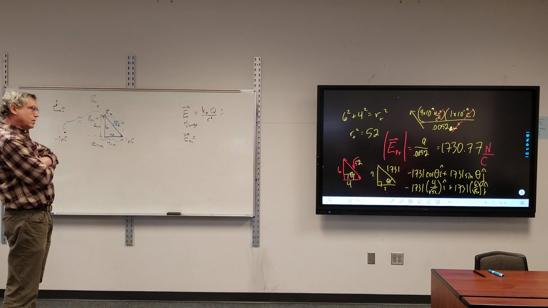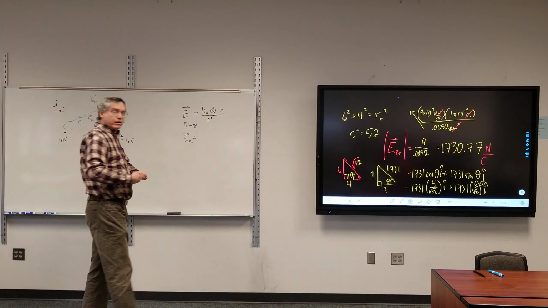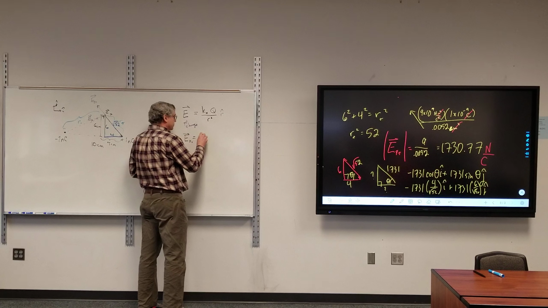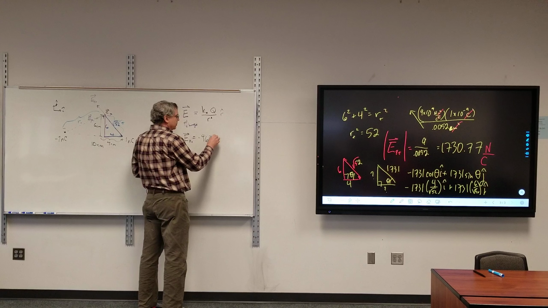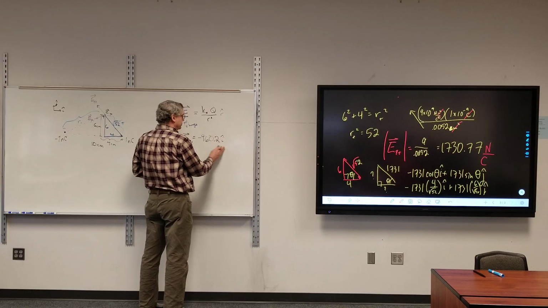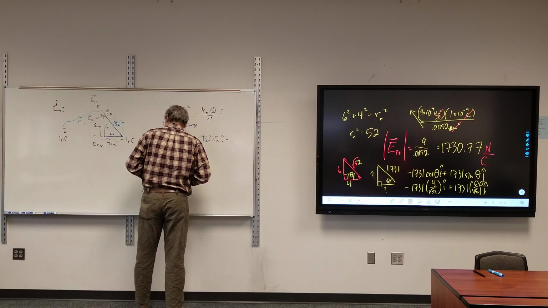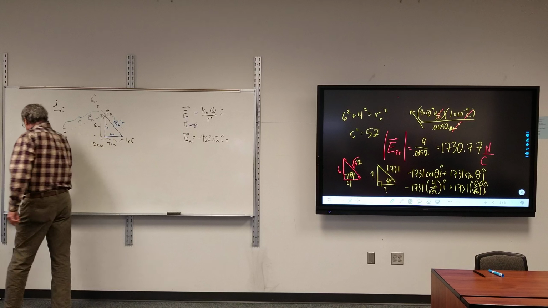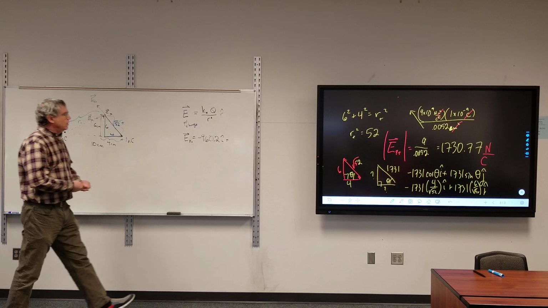First one's negative 960.186. Negative 960 point what? 186. I'll round off. I hat plus, that would be here, plus 1440.3.